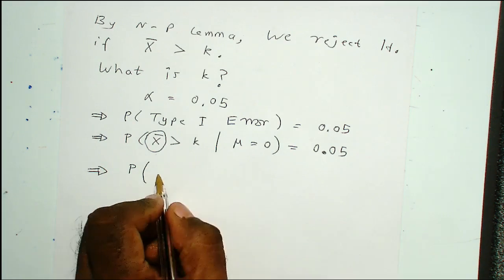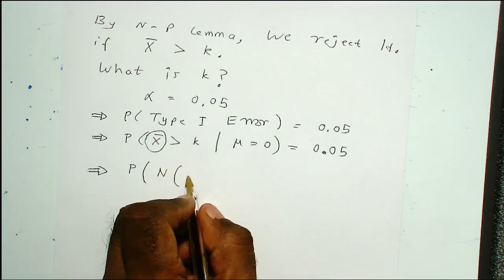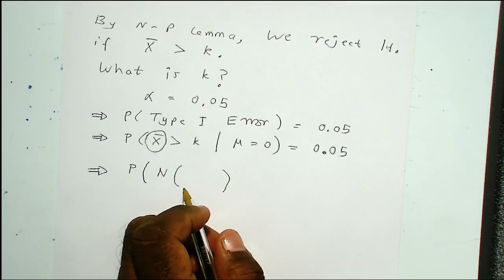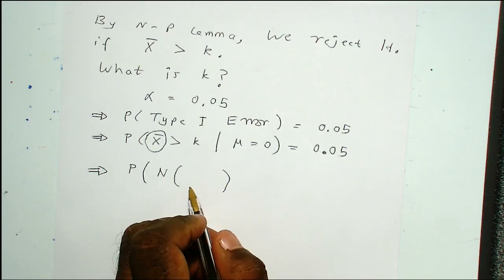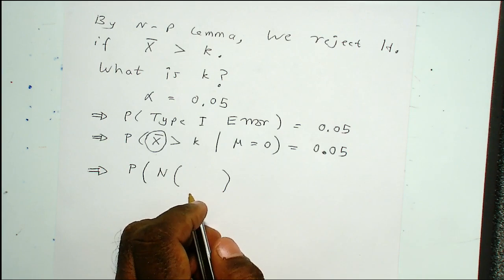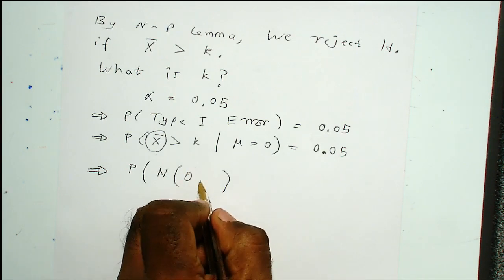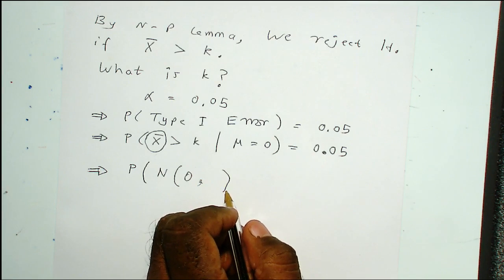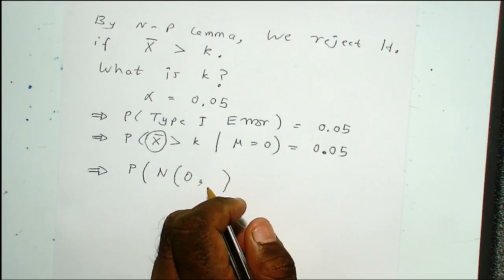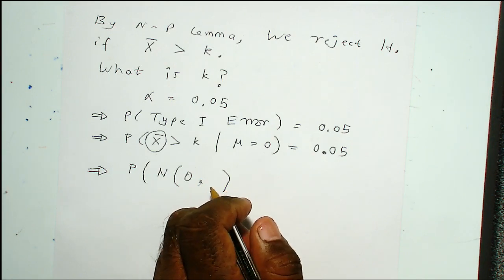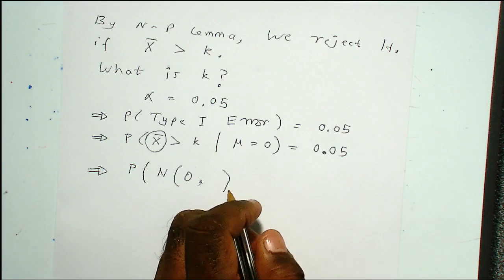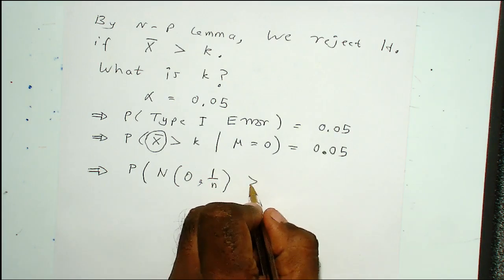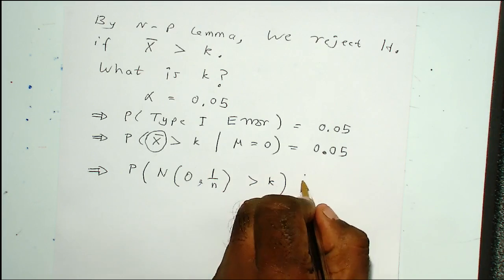You don't remember? Normal distribution, with what parameters? What is the mean? 0, yeah. And the variance? Come on, guys. The variance is 1 divided by n. Don't you remember this?